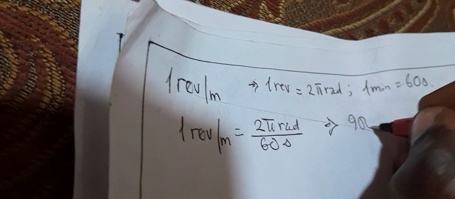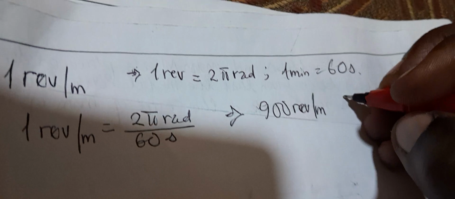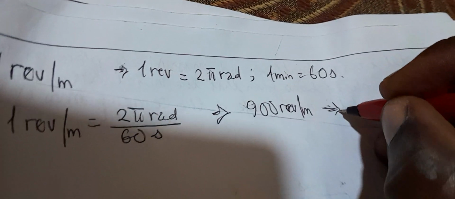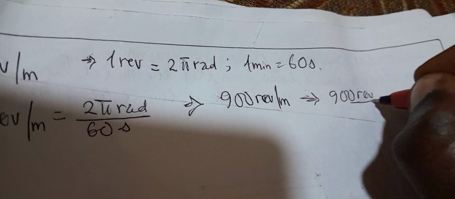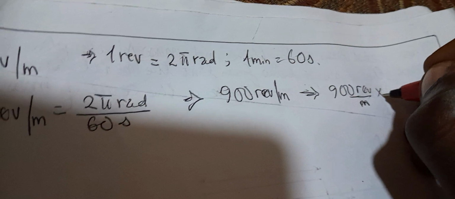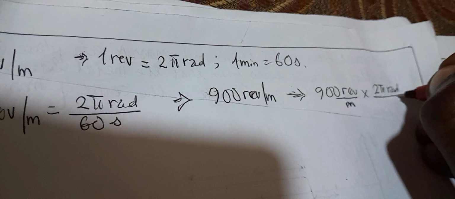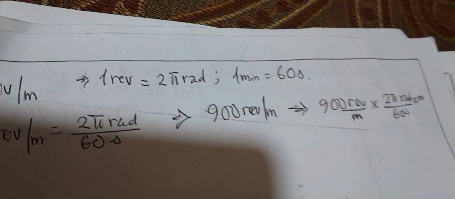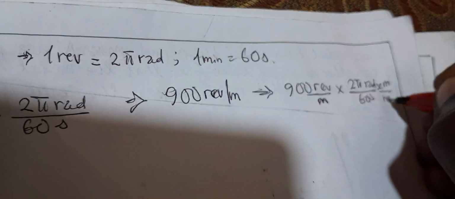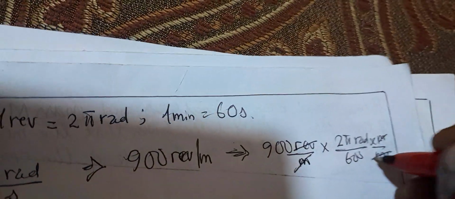Right, so we have 900 revolutions per minute. To convert this now, it will be 900 revolutions per minute times 2 pi rad over 60 seconds. This minute will cancel this minute, this revolution will cancel this revolution.